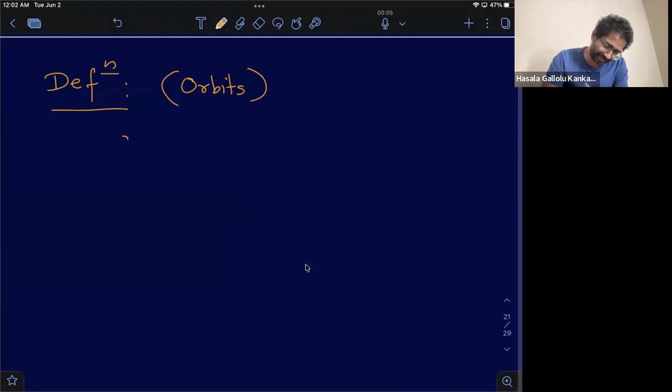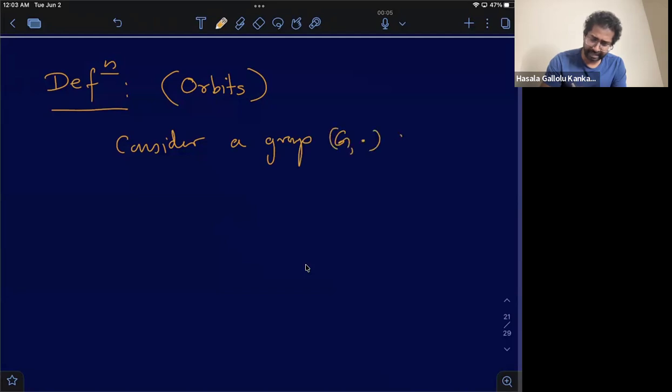So let's say, consider a group G acting on a set X. When I say a group is acting on a set X, that simply means I'm assuming that there is that function alpha together with those two properties, the identity and consistency.